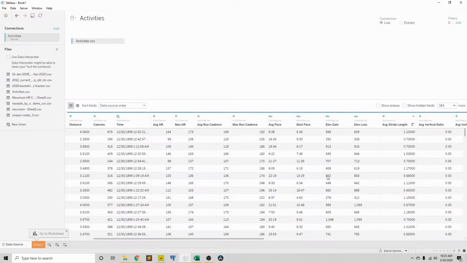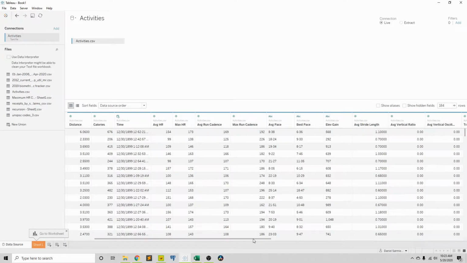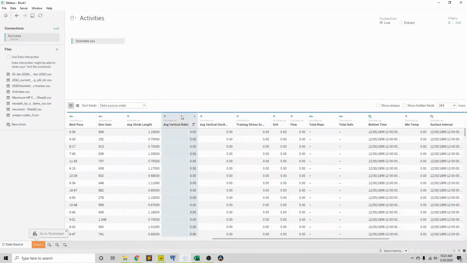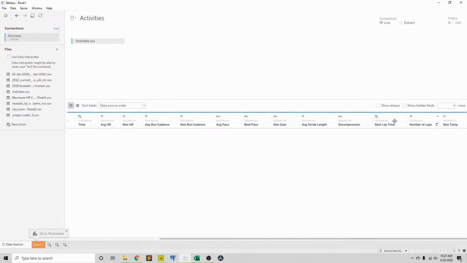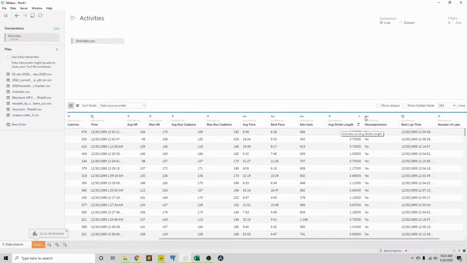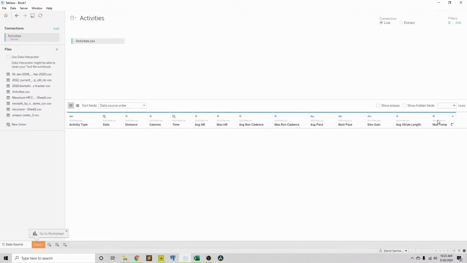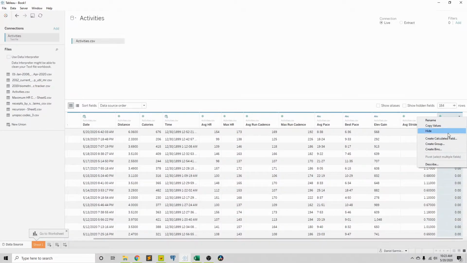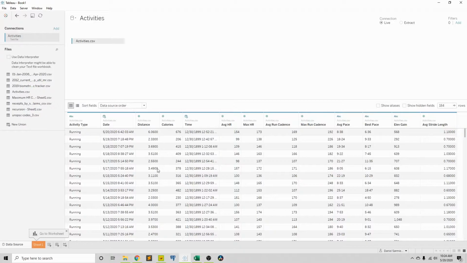I don't need elevation loss. And I don't need all of these items that don't even show any data for me because I only have the 235. I have the cheapest watch. So I'm going to hide the rest. And let's take a look at our data.